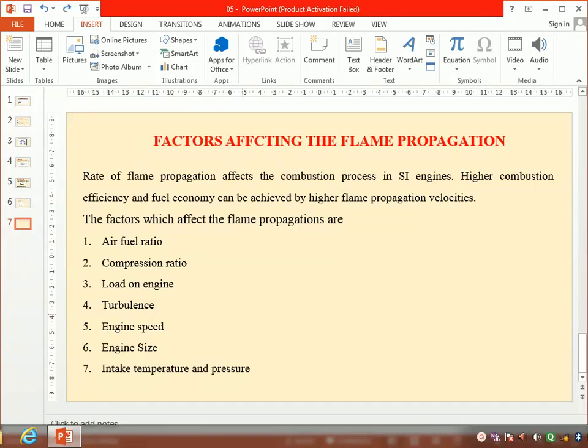Now at point B, the flame is to be formed, and it must be self-sustained and propagate in the combustion chamber. Whatever flame is developed at point B must be self-sustained and propagate easily in the combustion chamber.